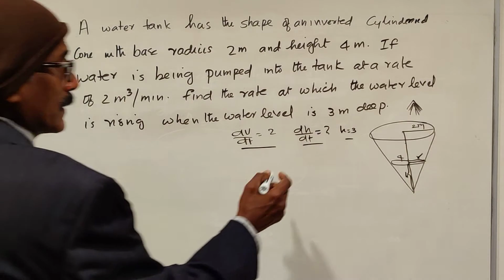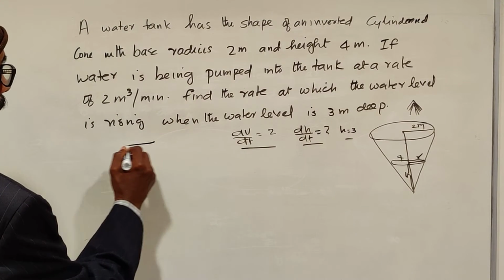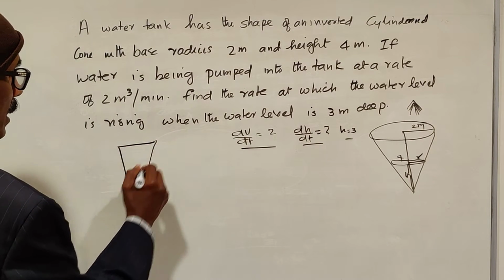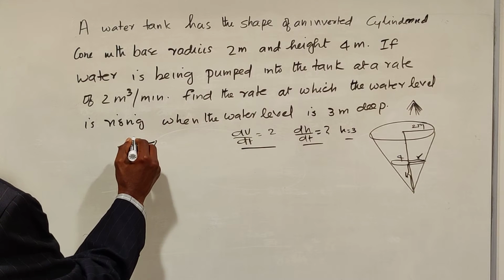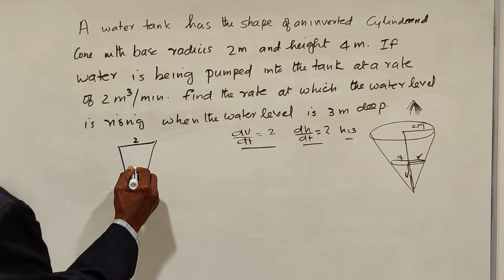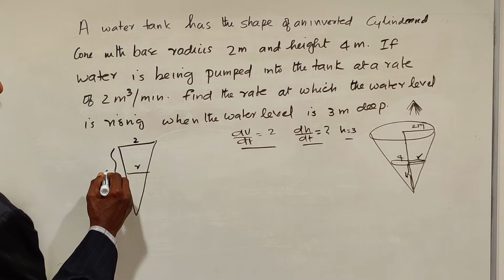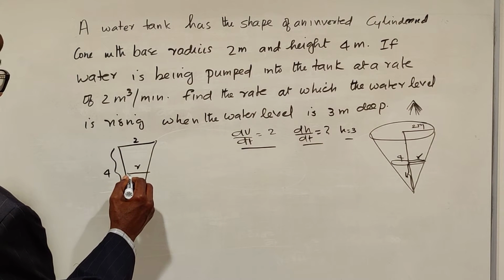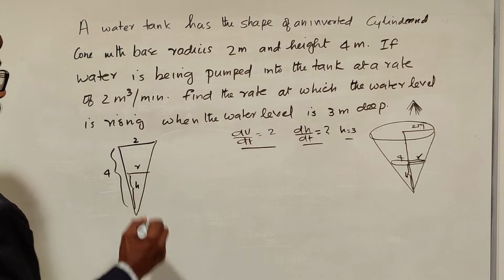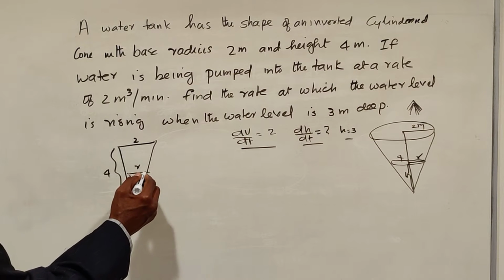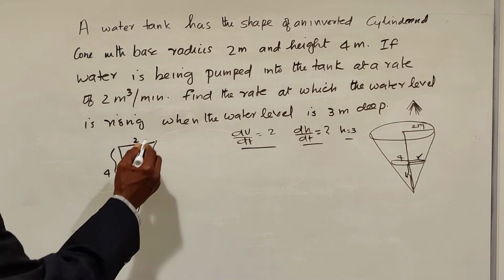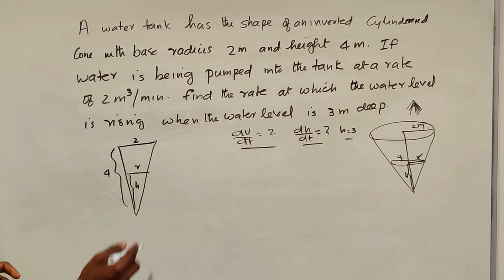Okay, then see, there is a triangle there by geometry. See, this one is 2 meter and this one is R meter. The total length is 4 meter. This height is H. See, there are two triangles here. One is the smaller one, the other one is the bigger one, right?